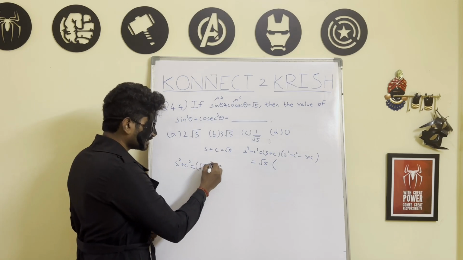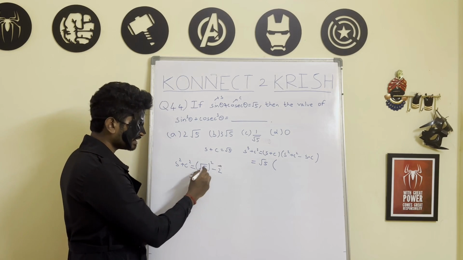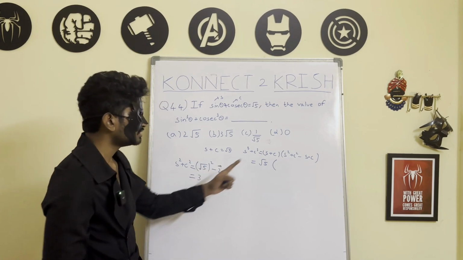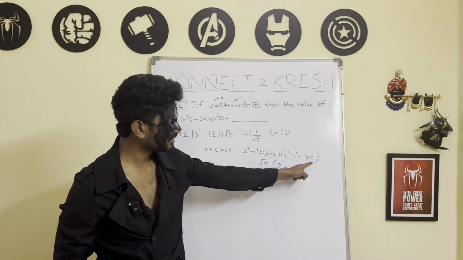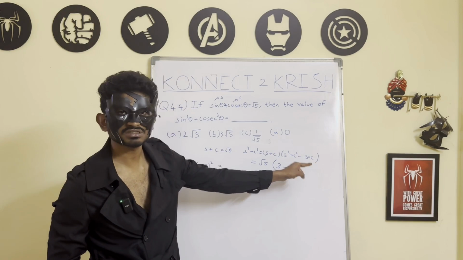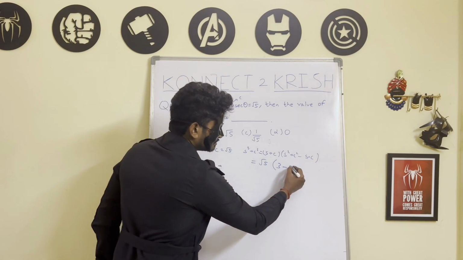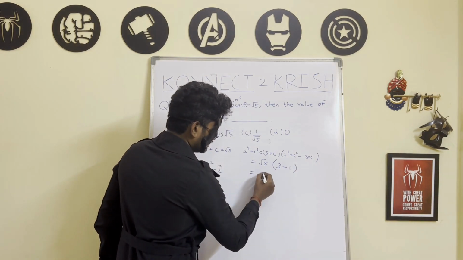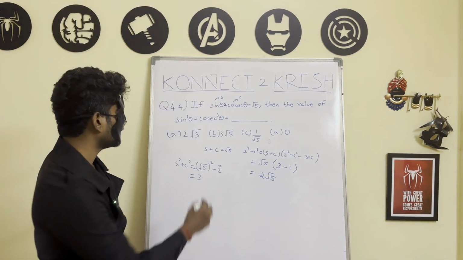Root 5 square is 5, minus 2, which will be equal to 3. So here we substitute 3 minus sin theta into cosecant theta, which is 1, because cosecant theta is equal to 1 by sin theta. So this will be equal to 2 root 5. So option A is right.